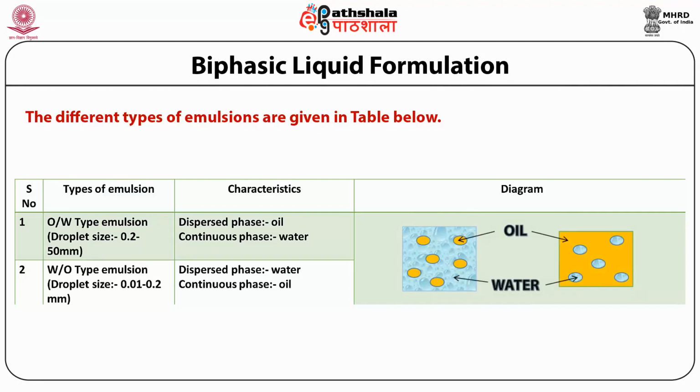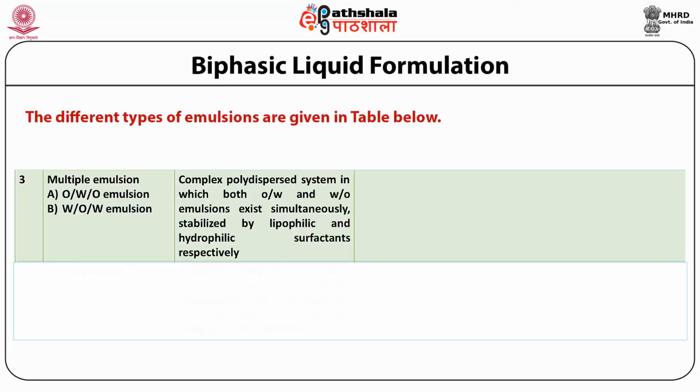The diagram shown on the right side clearly depicts both types of emulsions, the oil in water and the water in oil, the difference being which phase represents the continuous phase. The third type of emulsion is the multiple emulsion, which can be of two types. It can either be oil in water emulsion or water in water emulsion.